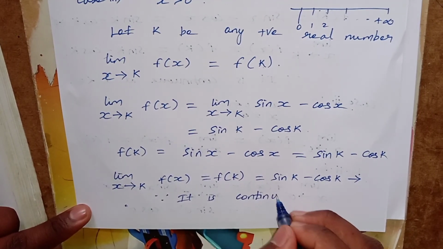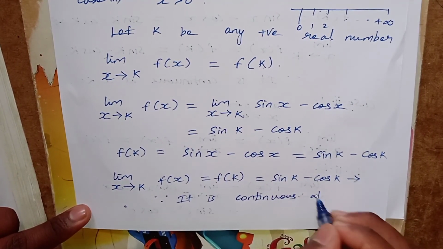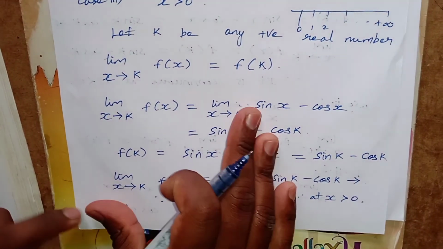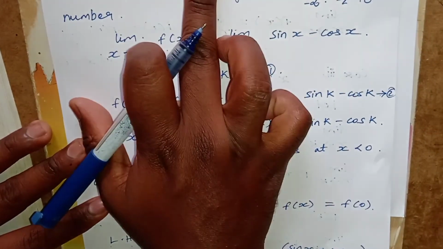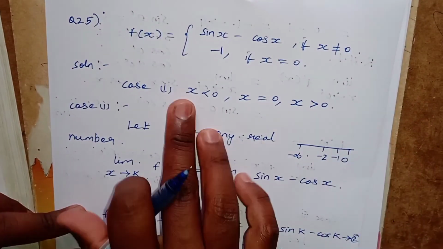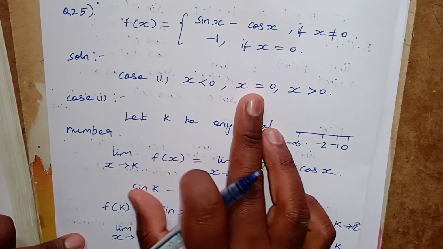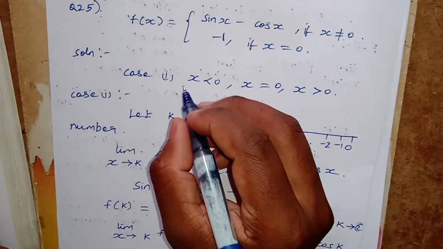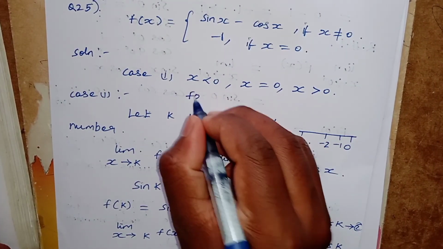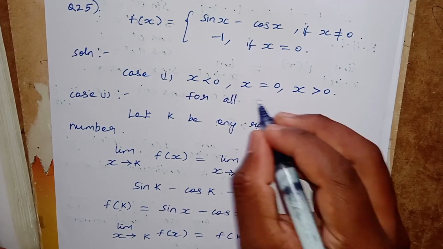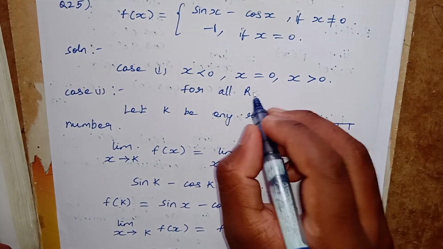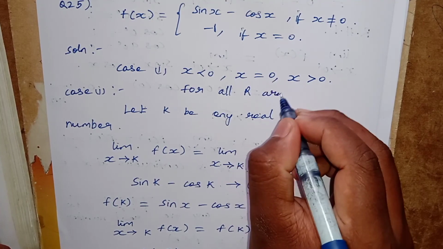It is continuous for x greater than 0. Therefore for x less than 0 it is continuous, at x equal to 0 it is continuous, and for x greater than 0 it is continuous. Therefore for all real values the function is continuous.